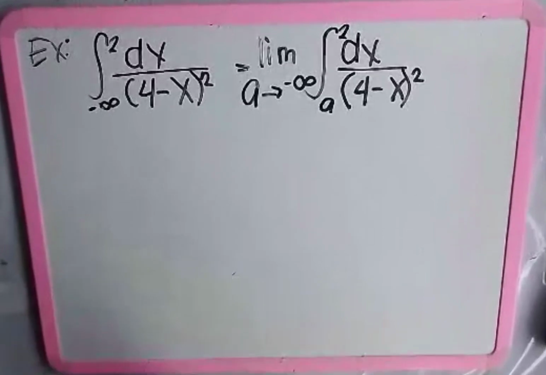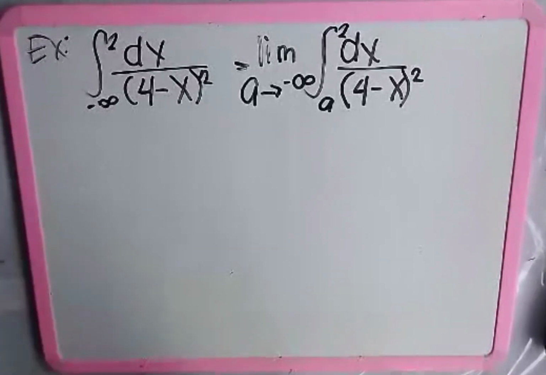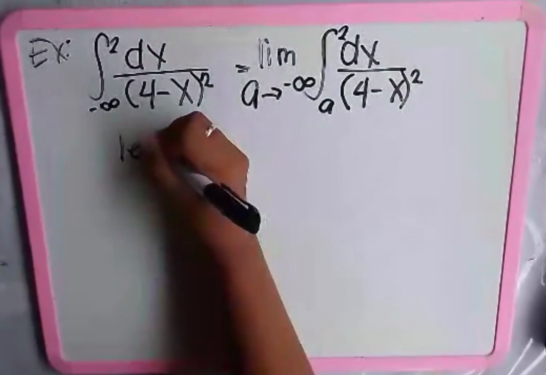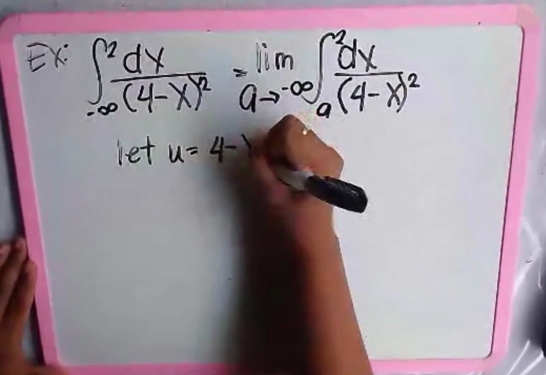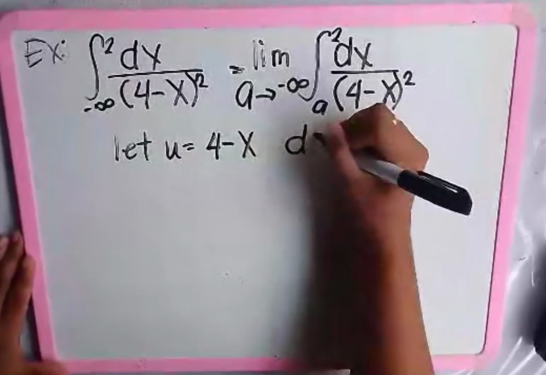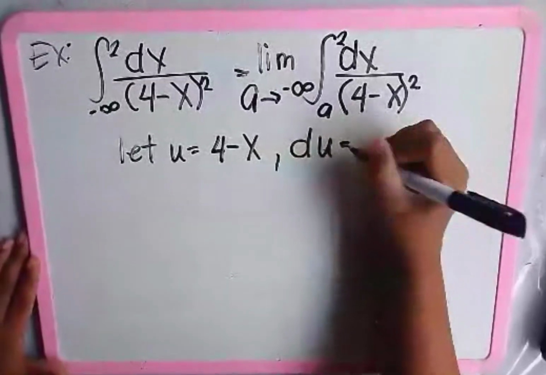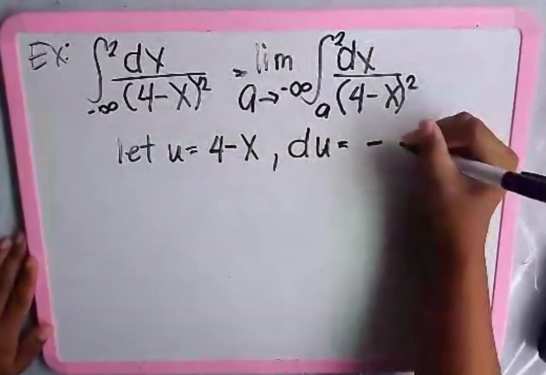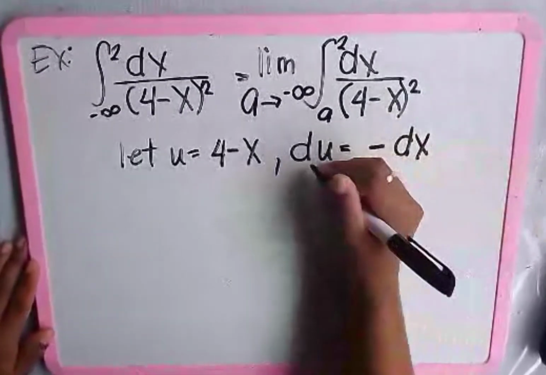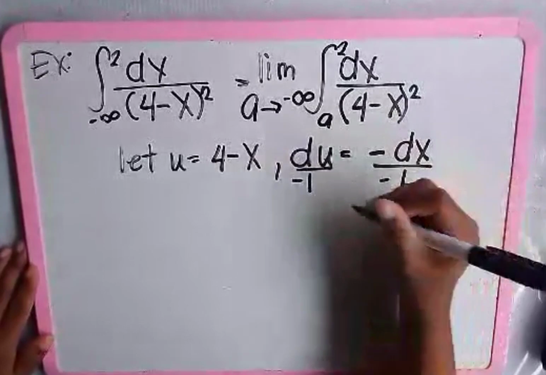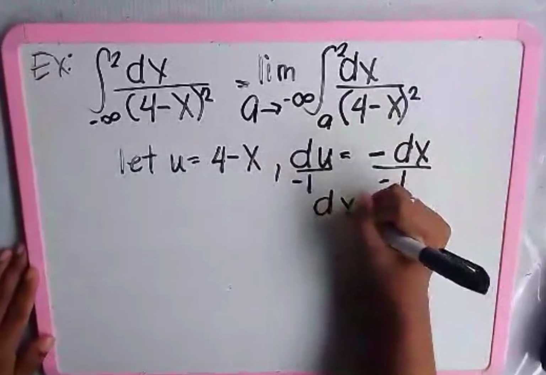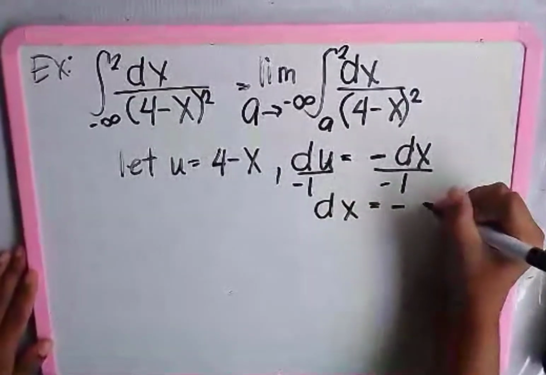In this example, we use u substitution. Let u is equal to 4 minus x and du is equal to negative dx. We divide both sides by negative 1 to cancel the negative, so dx is equal to negative du.